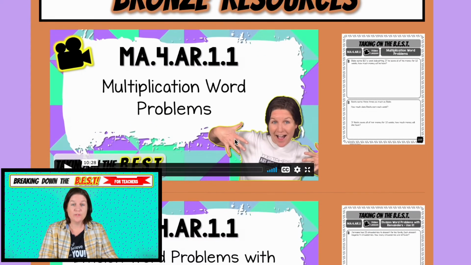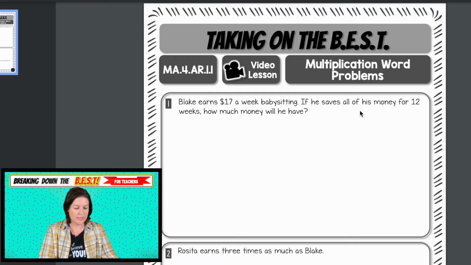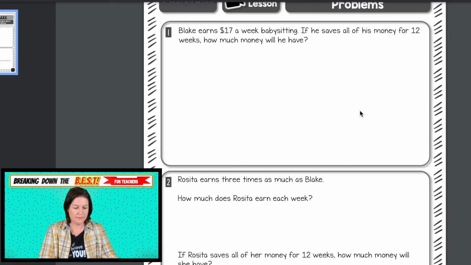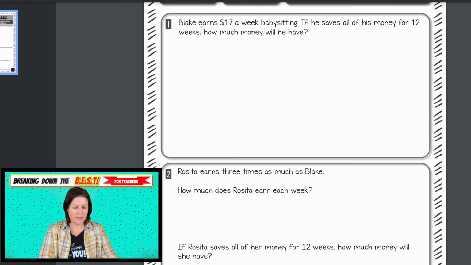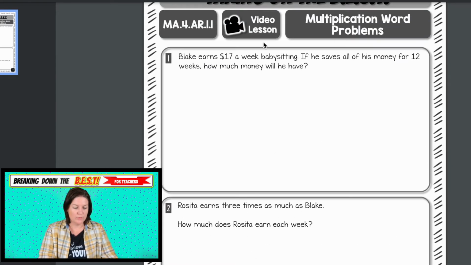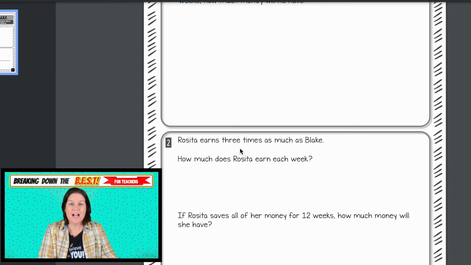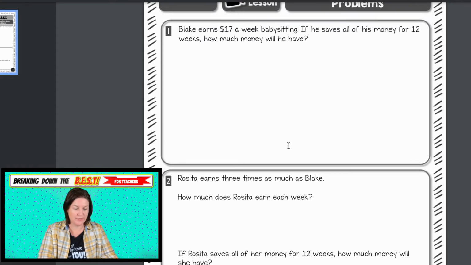The first video lesson focuses on multiplication word problems. Here's the printable guide that goes with that. Okay, you can see here, Rosita earns 3 times as much as Blake. So we're using this word problem in the video and then saying Rosita earns 3 times as much. That's an example of that multiplicative comparison that we were talking about there.